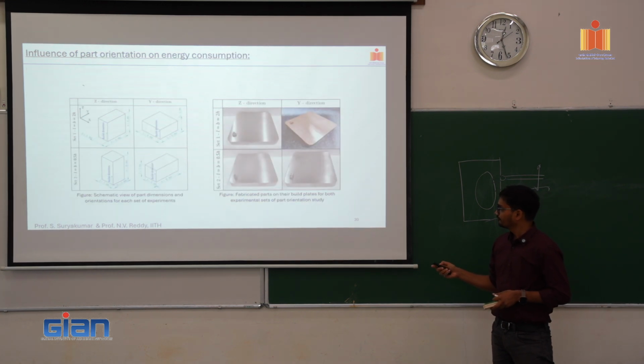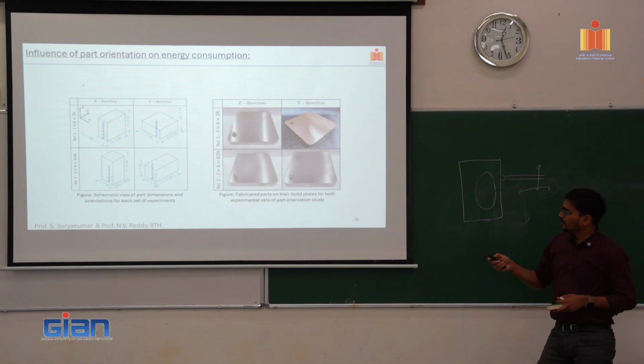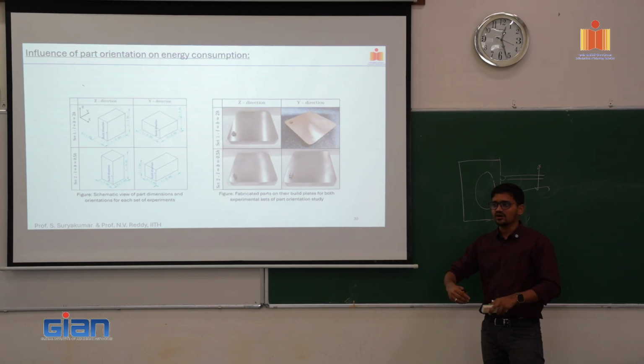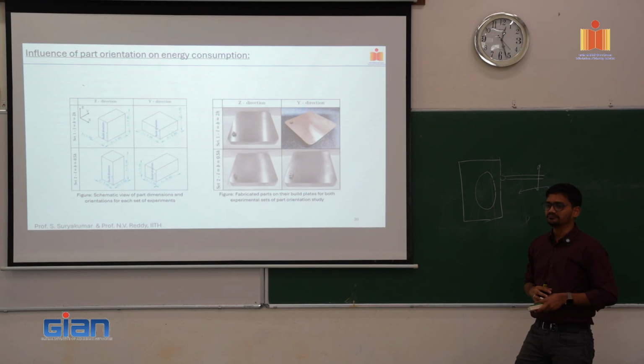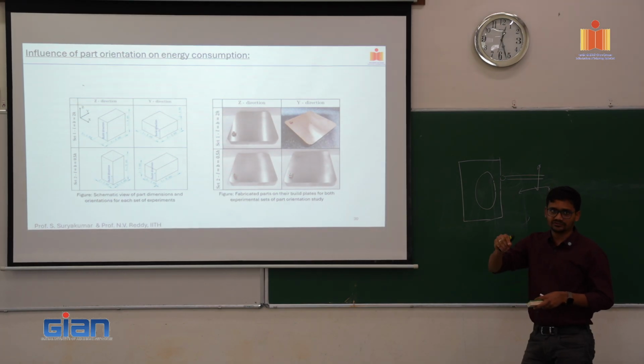Now another part is how you make this component. You can make it either horizontally or vertically, so which will be better? Here you see the component which is built. This is the base plate and this is the part which you are building by powder bed fusion.